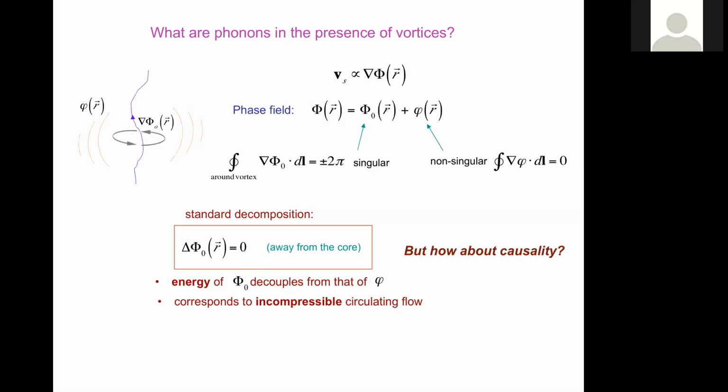And therefore, these long wavelength parts of the field should actually belong to phonons, not vortices. So you can see that when phonons are relevant, this decomposition cannot be physically meaningful as a split into vortices and phonons.